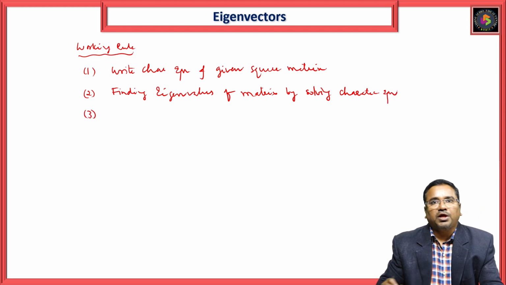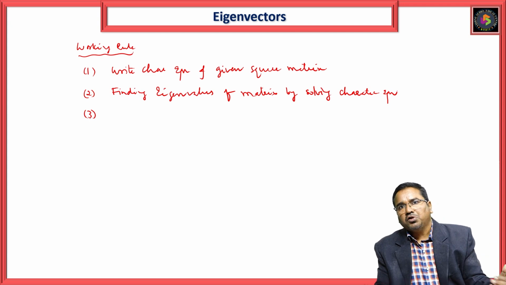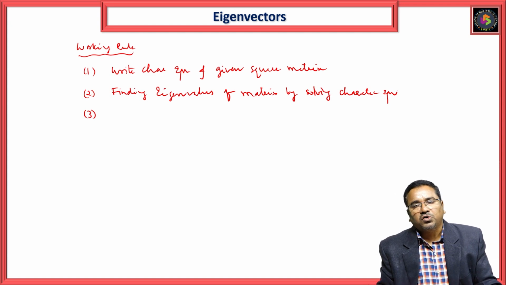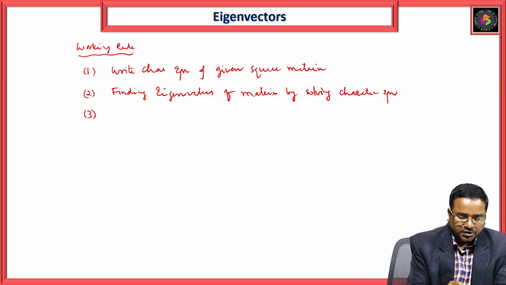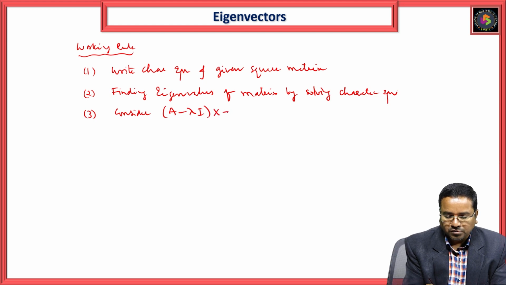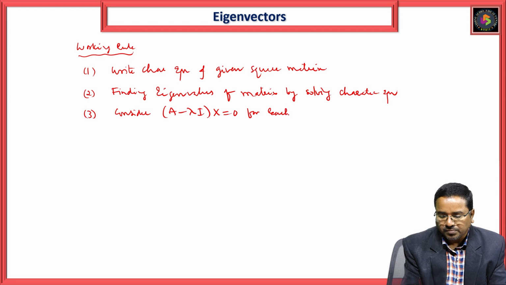The step 3 is, whatever eigenvalues you get in step 2, for each eigenvalue we have to consider the equation (A minus lambda I) x is equal to 0.